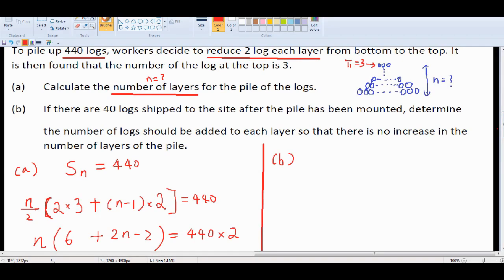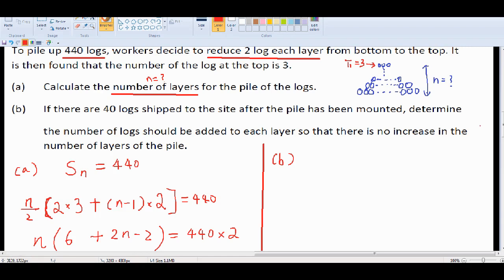You need to add your logs into the pile without changing the rule of the pile, that each layer should have two more logs than the layer above.